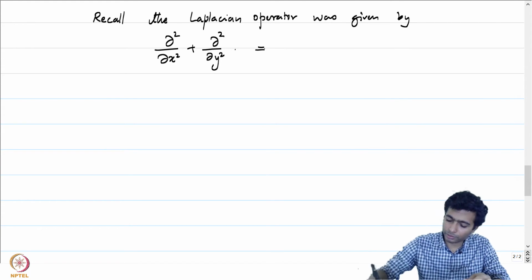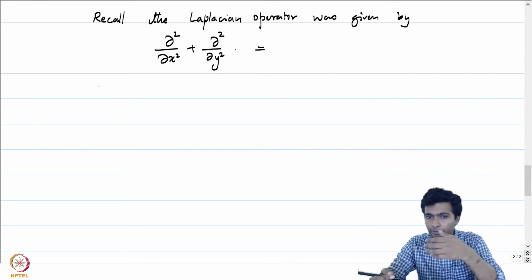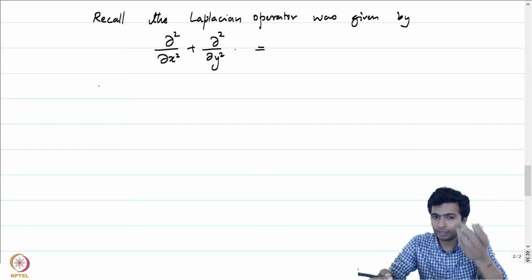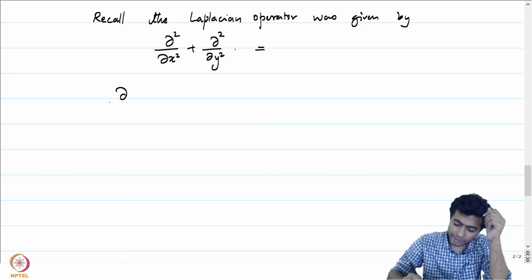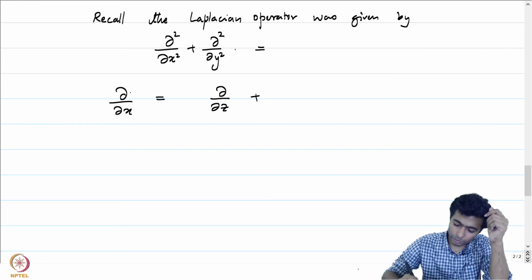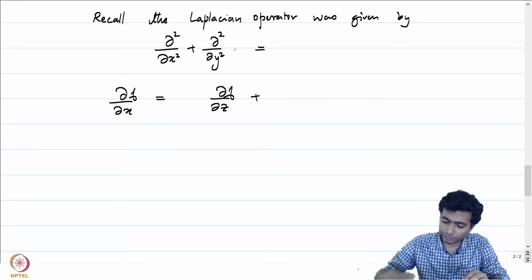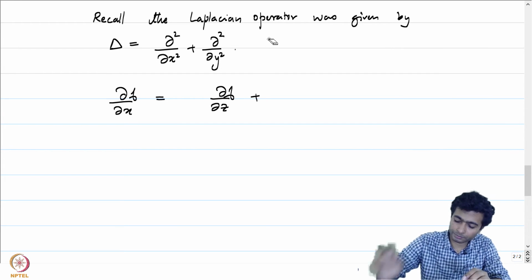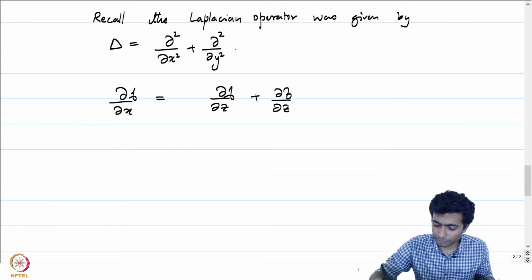Let's see how this goes. Recall that ∂f/∂z is equal to half of ∂f/∂x plus 1 by i times ∂f/∂y, and ∂f/∂z bar was half of ∂f/∂x minus 1 by i times ∂f/∂y. So ∂/∂x in particular, for any function f, is equal to ∂f/∂z plus ∂f/∂z bar.